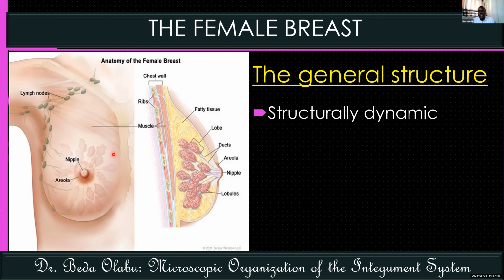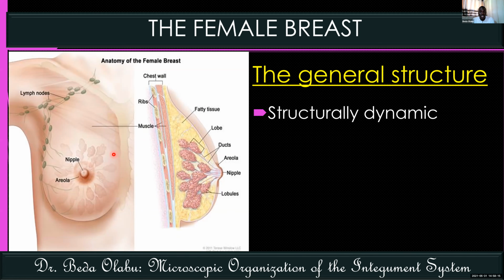Also, you could be of the same age, the same number of children, same exposure to breastfeeding, but genetically, you come from different places, and so you will see one having a bigger breast compared to another one. I'm just emphasizing the fact that the breast is structurally dynamic and it is all acceptable.